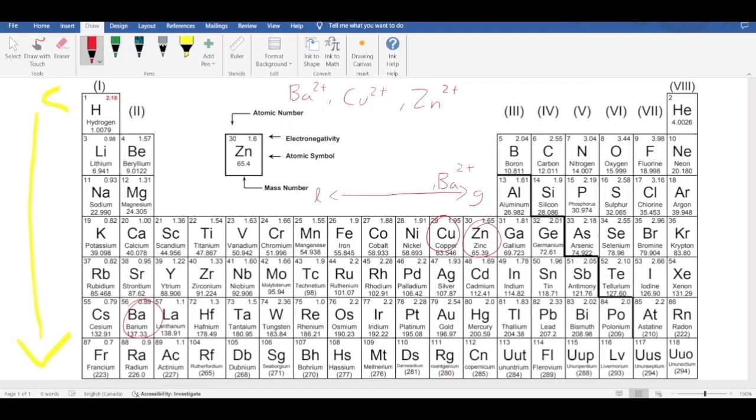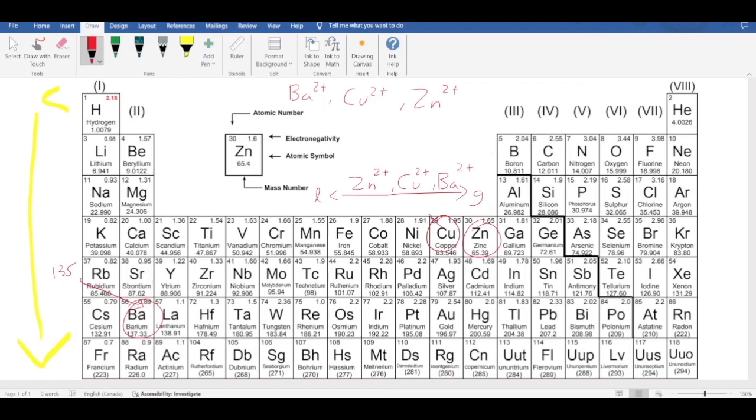This is where it gets a little bit of an exception, an outlier. The copper and the zinc, they're in the same period. So copper is going to be in the middle, and the smallest is going to be Zn2 plus. Barium over here has 135 in terms of its ionic radius.